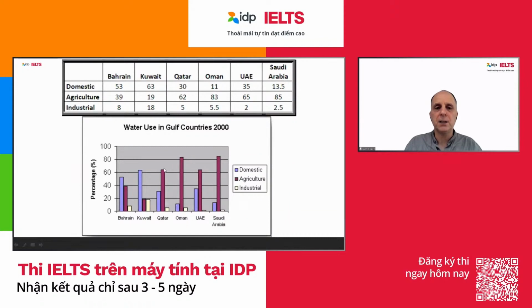Likewise, for bar charts like this, we simply think about how this particular percentage here is very similar to, well, it's exactly the same as this. Okay, so 53, 63, etc. So we treat it in the same way, just using comparisons.